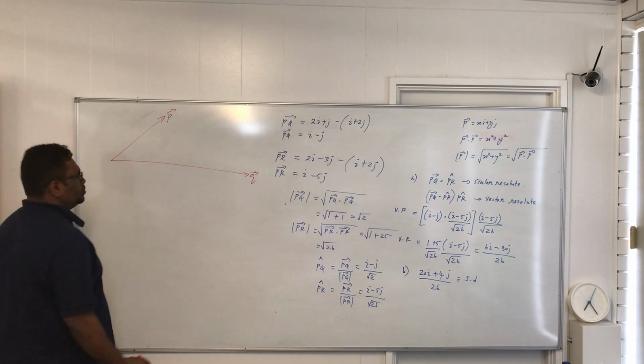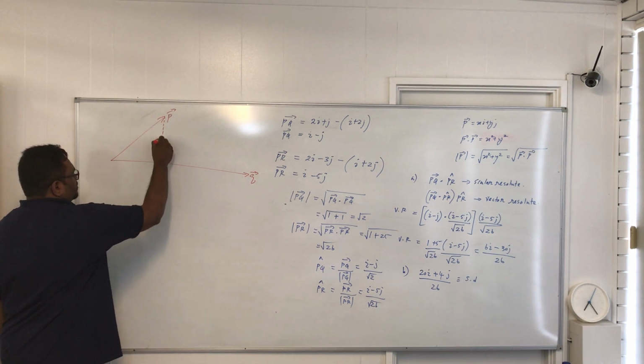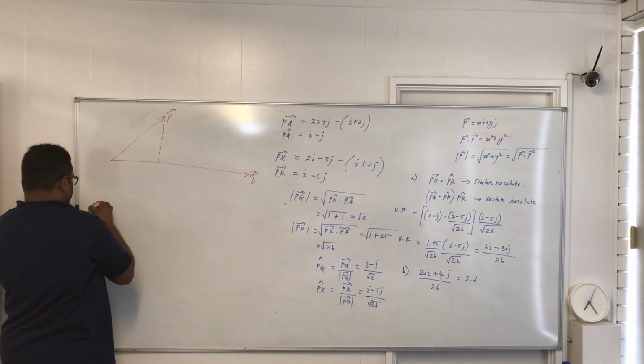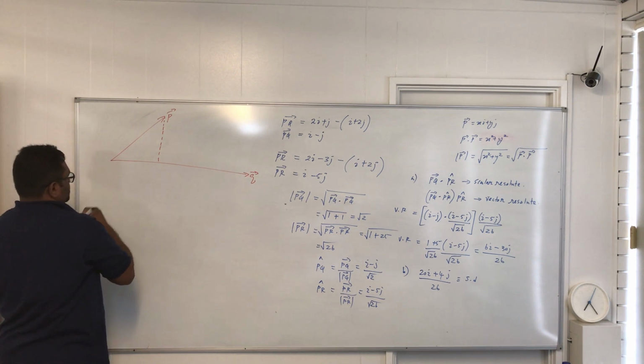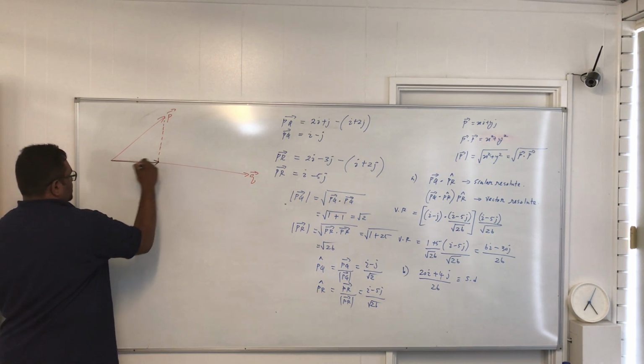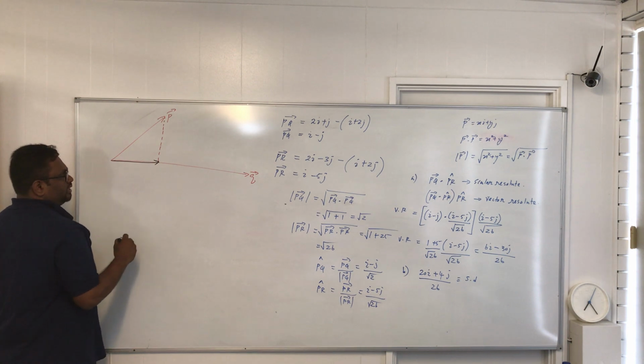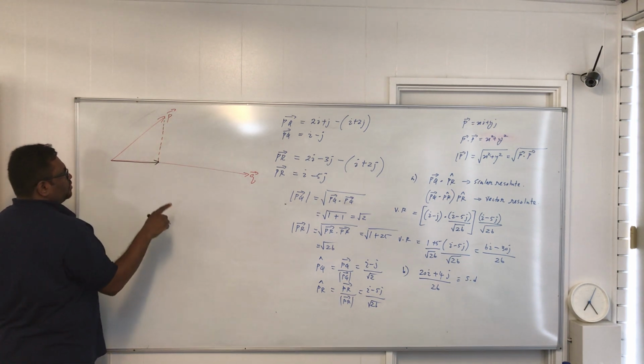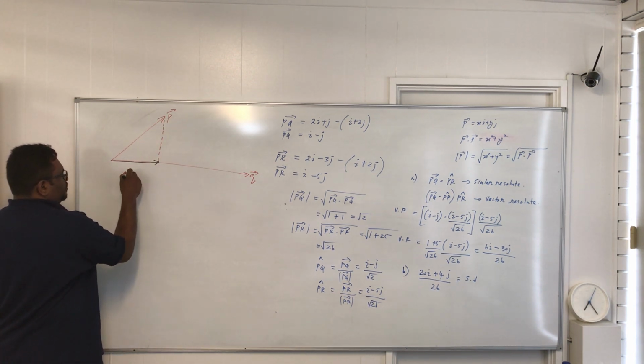So what is the vector resolute? Vector resolute is this vector. If this is P and Q, the vector resolute is always P dot Q hat, times Q hat.